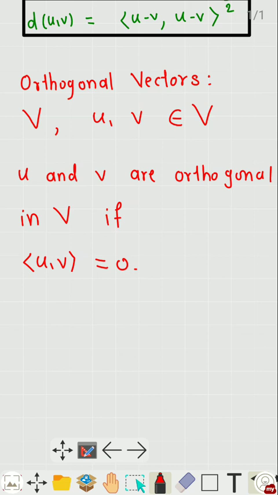If V is the real vector space, then the inner product is nothing but the dot product. If the dot product of two vectors is 0, then these two vectors are orthogonal.